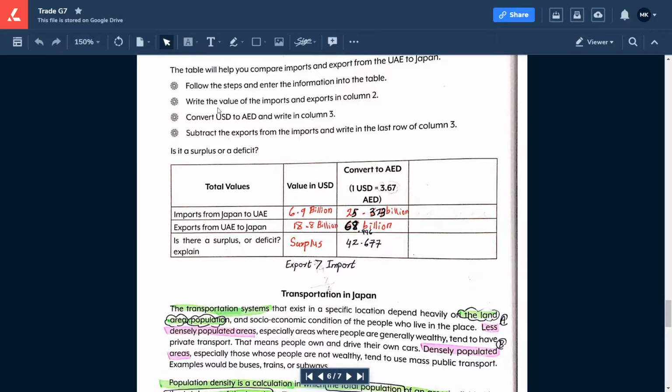Now, convert US dollars to Arab Emirates dirhams and write in column 3. Each US dollar is equal to 3.67 dirhams.